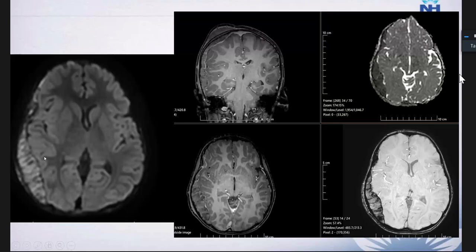On DWI they looked like very cellular, high grade lesions, showing low ADC, which indicates hypercellular tumors. And these are the spiculations that we can see within the lesion on SWI images also. So considering this, the lesions were multifocal.